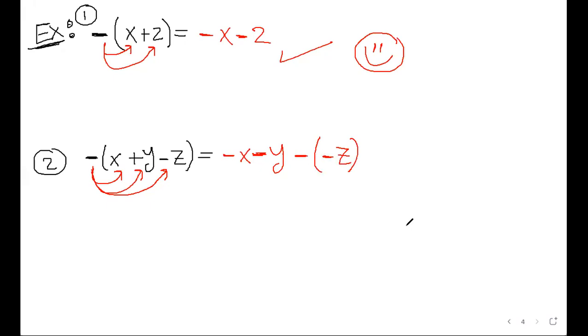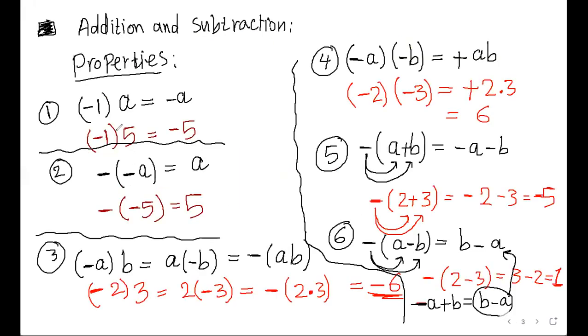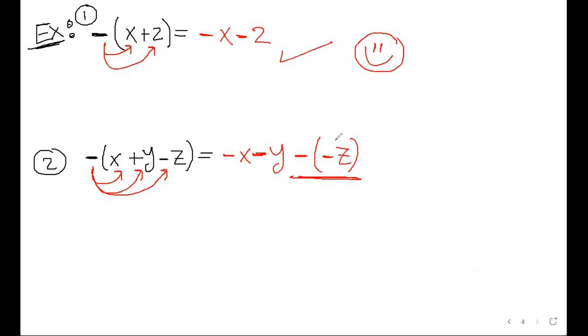Go back to the properties for this one. Minus times minus number is the positive one. This is property number 2. You see the property number 2 here is the same as here. Minus times minus number is the same as positive. So the answer is minus x minus y plus z.